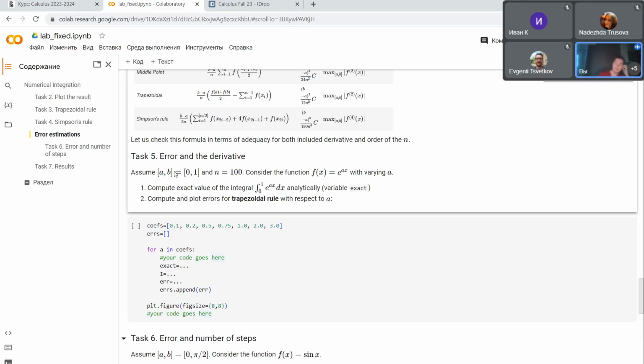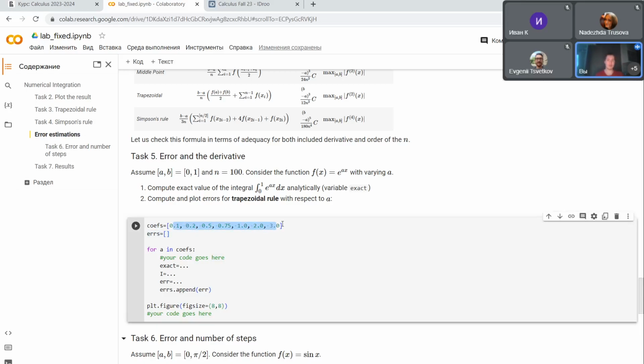We suggest you take a concrete segment and a concrete number of partitions, the amount of points in your partition, and iterate through a set of values of a parameter.